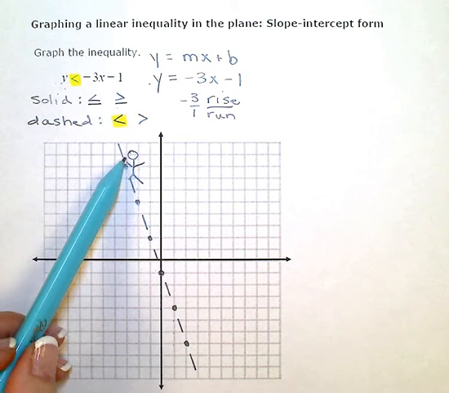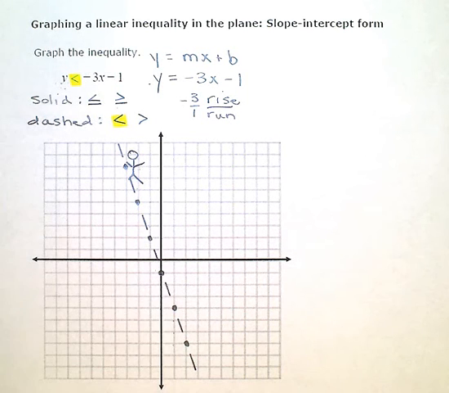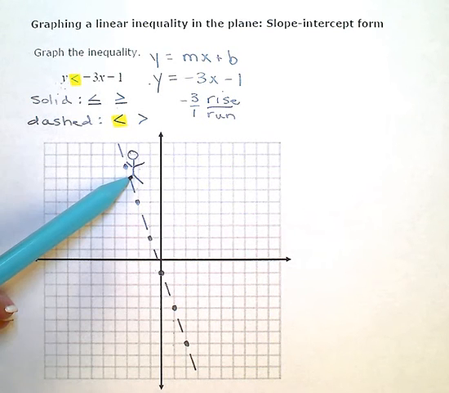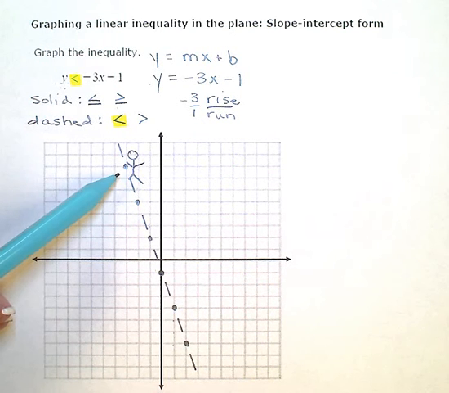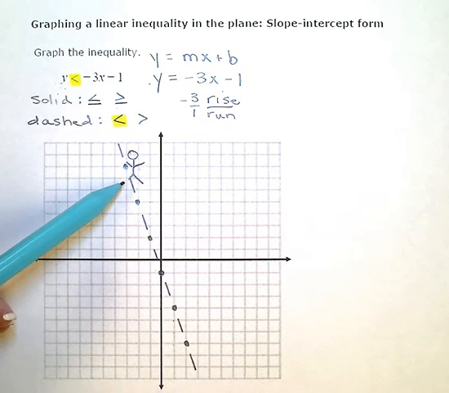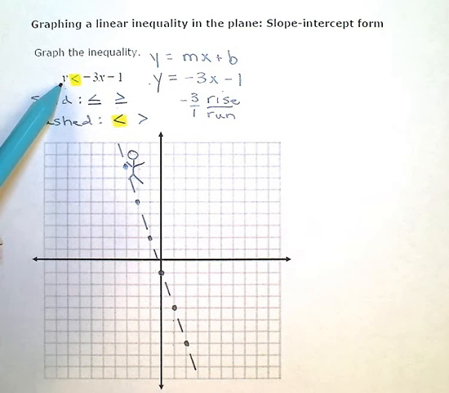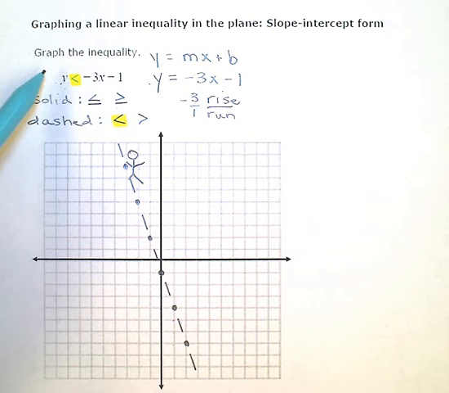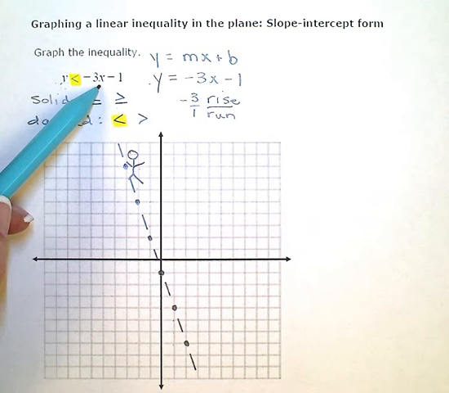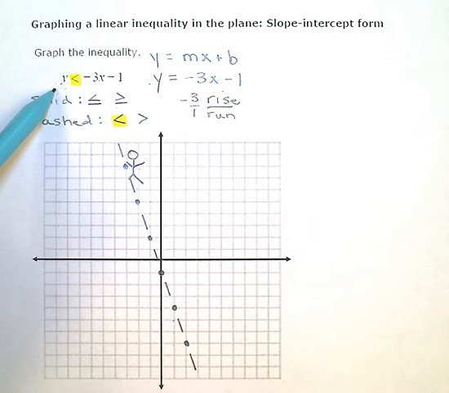You want to think to yourself, am I shading above or below? If you were on this hillside, above you would be the sky. Below you would be the mountain or the earth. So are we going to shade sky or mountain? You can go back to your original inequality and think to yourself, I need to shade below, or less than, the boundary line.